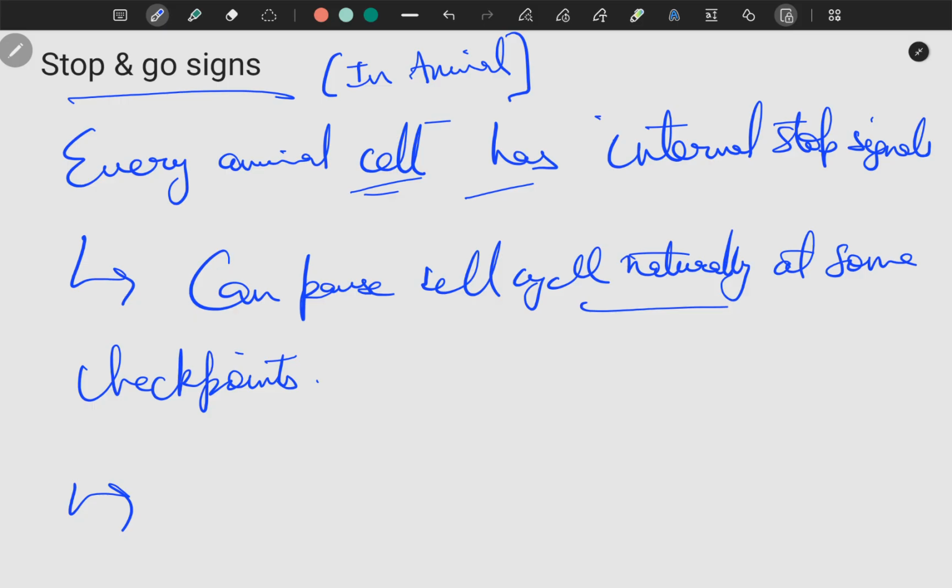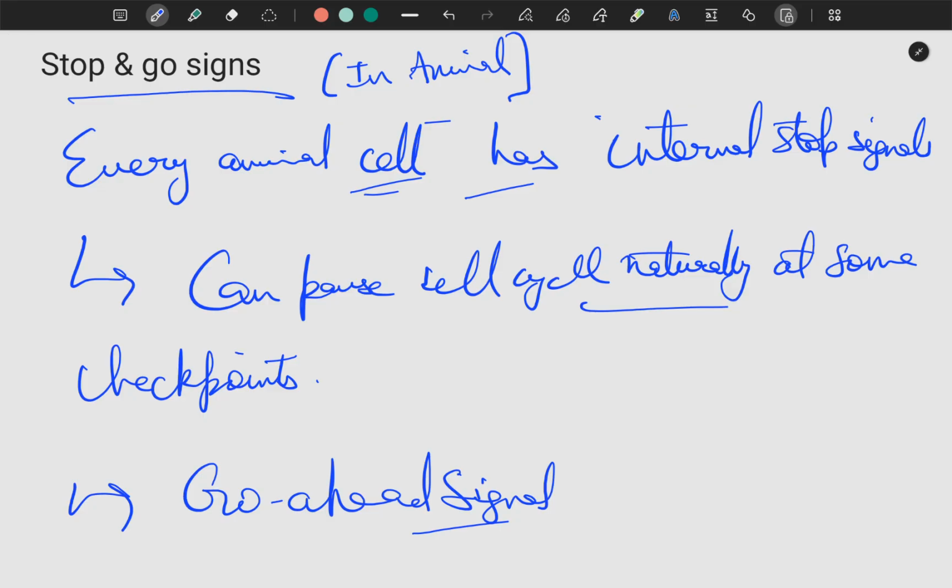The cycle can only move forward when it receives a go-ahead signal, just like the green light and red light. When we are stuck in traffic and the red light is there, we stop, and with the green light, we go ahead. These are automatic.